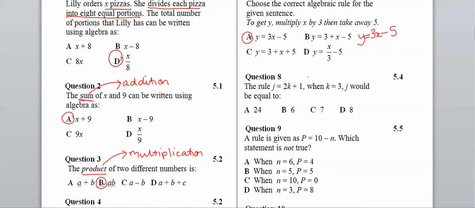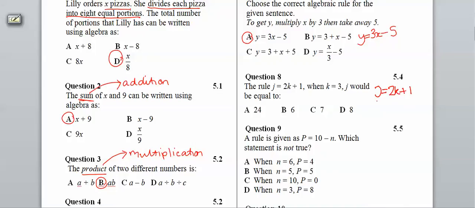Question 8. The rule j equals 2k plus 1, when k equals 3, j would equal. So this is substitution. So we've got j equals 2k plus 1.